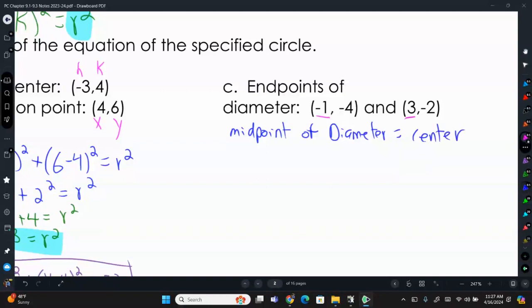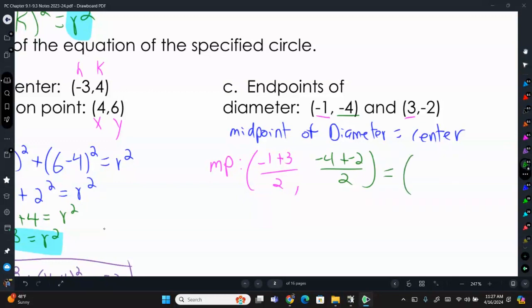So for the midpoint formula, we're going to do -1 plus 3 over 2, comma, -4 plus -2 over 2, which is going to be -1 plus 3 is 2, 2 over 2 is 1, and then -4 plus -2 is -6, -6 over 2 is -3. So that's our center, making this h and this k.